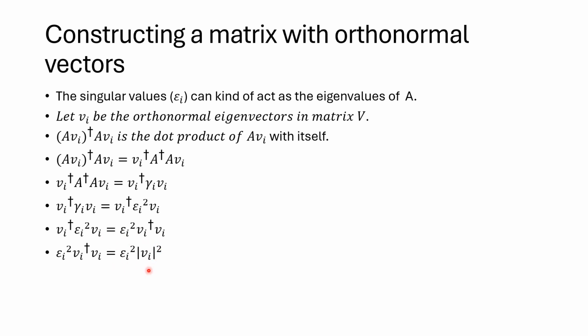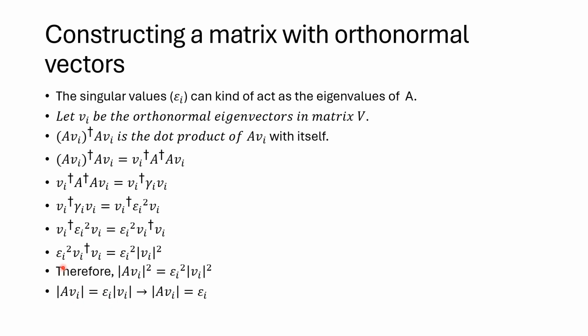Now what we can do is compare this with what we started off with, and we notice that we can end up with this equation, right? Because if this is a dot product, it's just going to be the magnitude of the vector AV squared. Same thing here, we just take this, put it here, and what we can do is square root both sides and we get something like this.